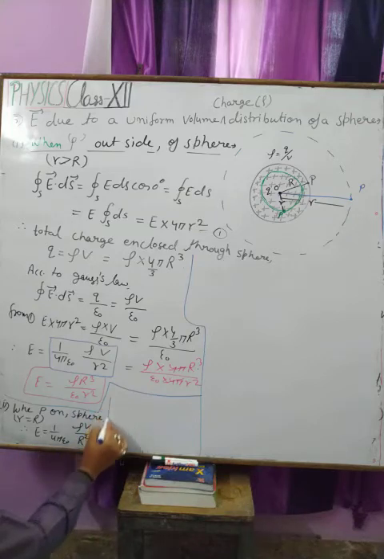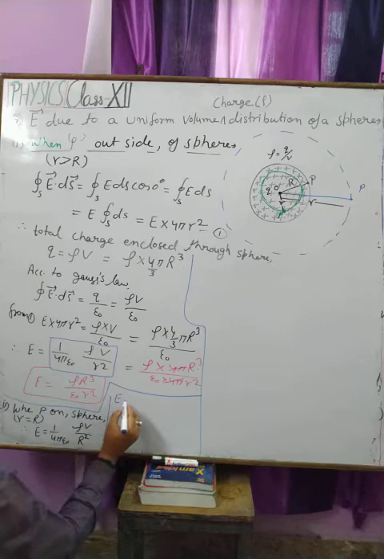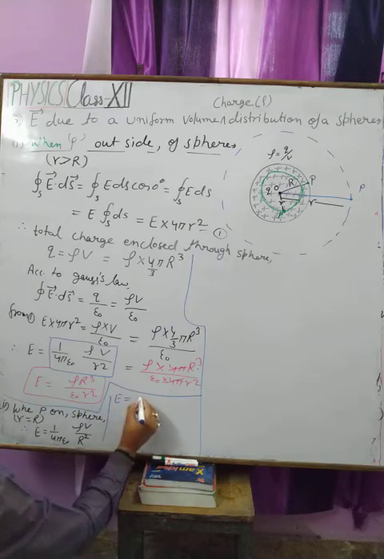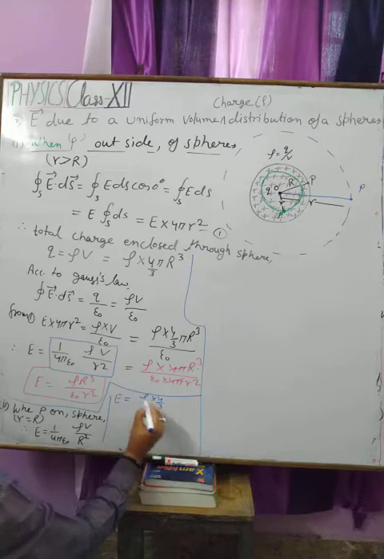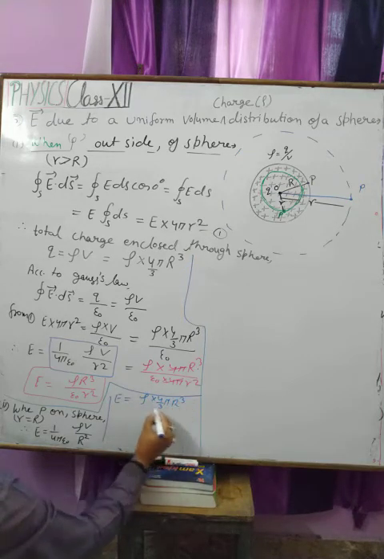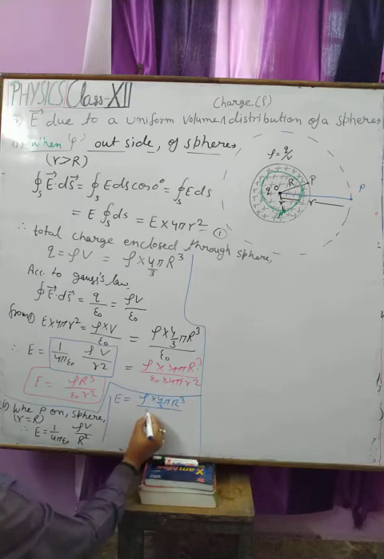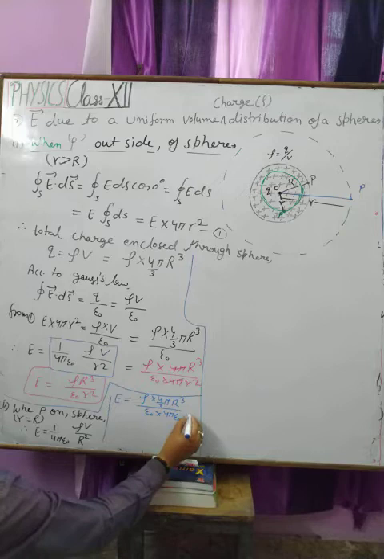Therefore on putting this value we get rho into 4 by 3 pi capital R cube upon epsilon naught into 4 pi epsilon naught small r square.